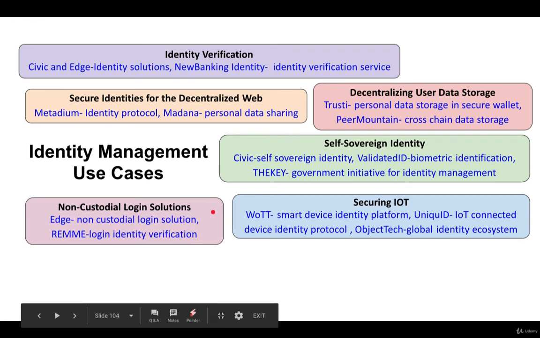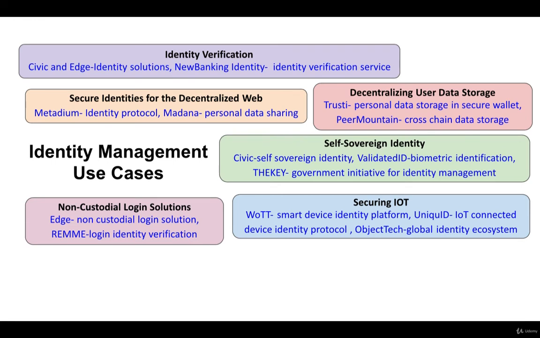Even when we use a payment gateway, we assume that it is going to make our data transfer secure. With logins available on the blockchain, you don't need a third party to become a custodian to manage your data, and the credentials can be put only on the blockchain. Private key and public key combinations can be used for logging in. Edge is working on a non-custodial login solution, while Reme is working on a login identity verification solution.